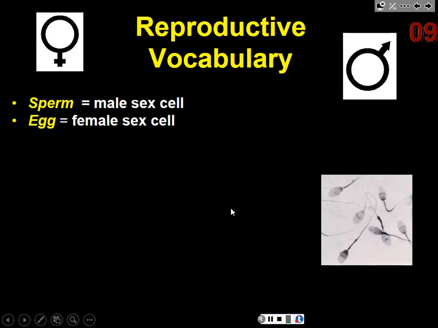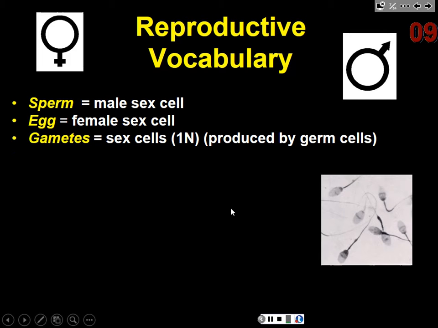Collectively, we call those gametes, and by definition, a gamete is haploid. And we said last week that gametes are produced by germ tissue. And tonight we learned that that germ tissue is in the ovary and the testes, okay? Somatic cells are body cells, and by definition, they're diploid.